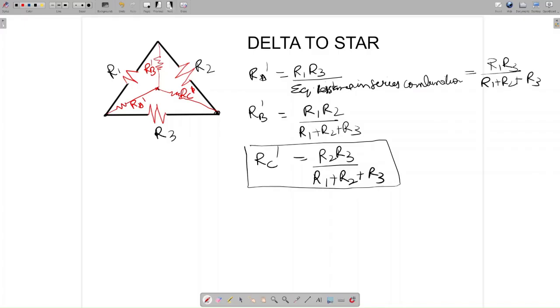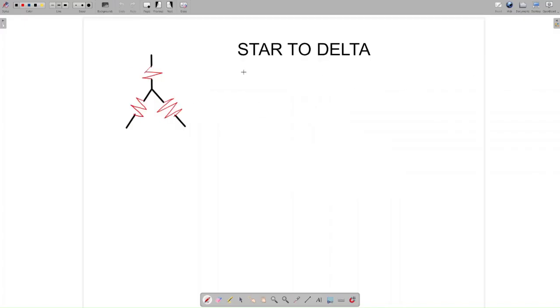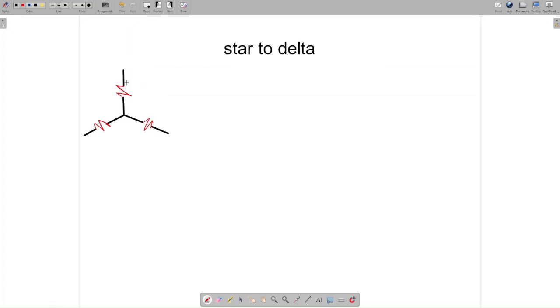So now let's learn how to convert a star into a delta pattern. So if we have resistances arranged in the star pattern, that will be R1, R2, R3.